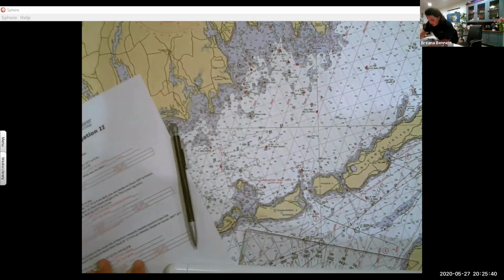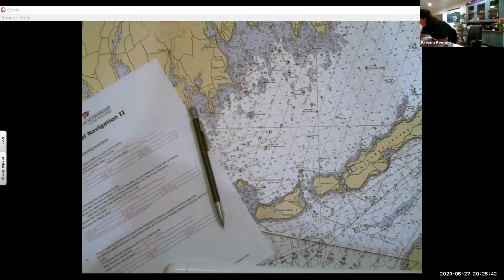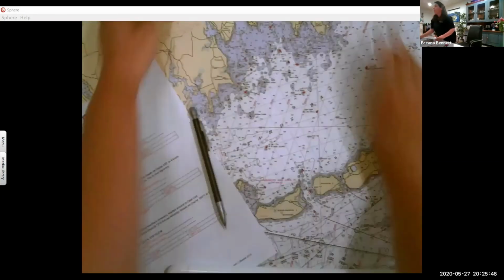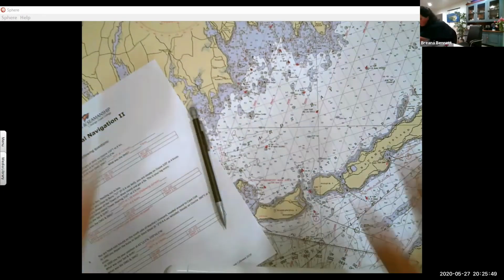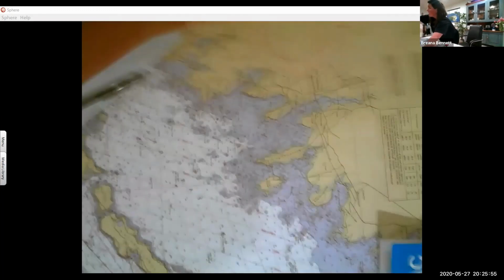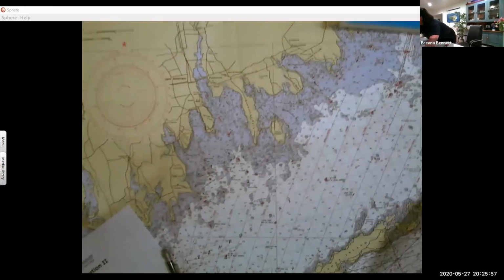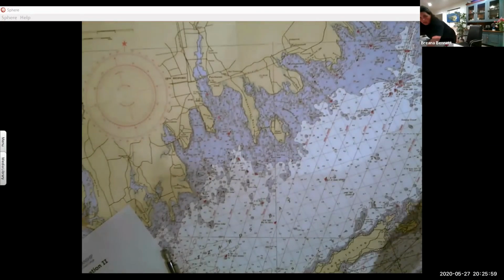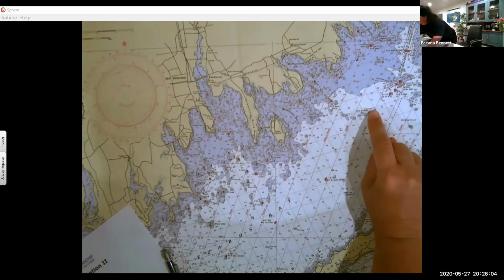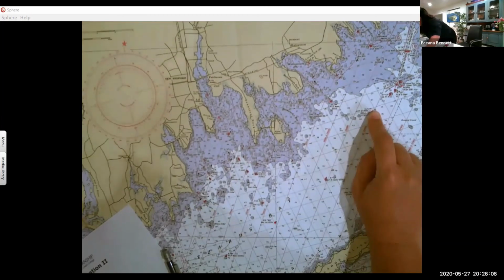Okay. We were at buoy 11. Can you see buoy 11? No, you can't. Okay. I'm gonna try to do this. This is buoy 11. Okay, you can see that. You can see the tower.